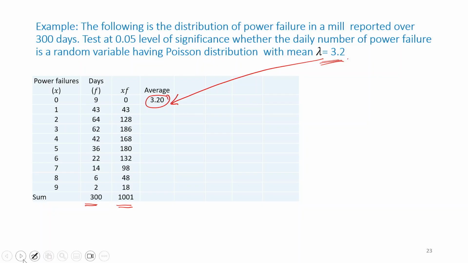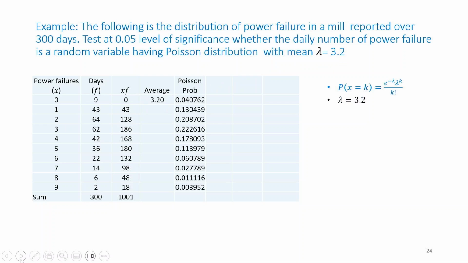So what do we do? Using this equation, which is already known to you, the density function of Poisson distribution, P(X = k) is equal to e to the power minus lambda, lambda to the power k, divided by factorial k. We call it the density function of the Poisson distribution.